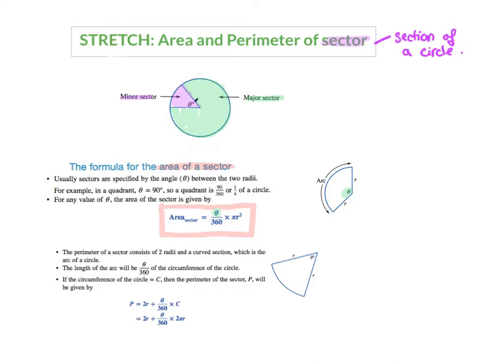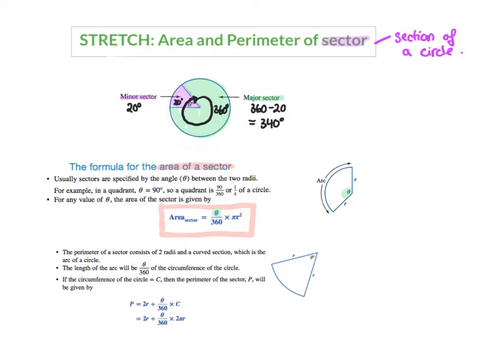If you do a full circle, we have 360 degrees. So if the minor sector is 20 degrees, then the major sector would be 360 minus 20, which is 340 degrees.